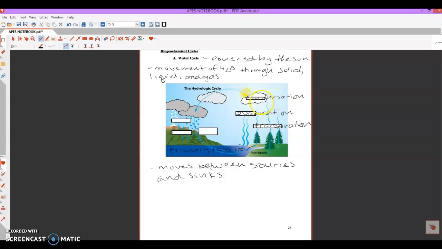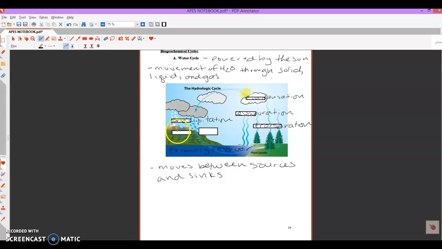All right, now, as I said, obviously, when you have clouds in the sky, it can produce precipitation. So this is precipitation, whether it is rain or snow or fog, etc. Those are different types of precipitation. All right. Now, when precipitation falls to the earth, it will do one of two things.